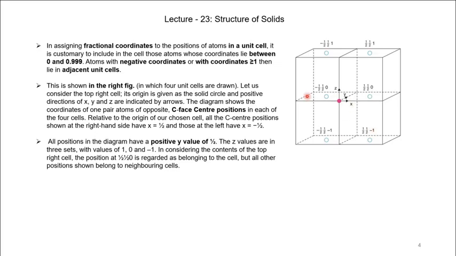Similarly, if we go this way, x will be -half, y half, and z is equal to 0. If we go up there, x is equal to -half, y half, and z is equal to 1. And going down, we can have -half, half, and then -1. This is how we assign fractional coordinates of atoms.